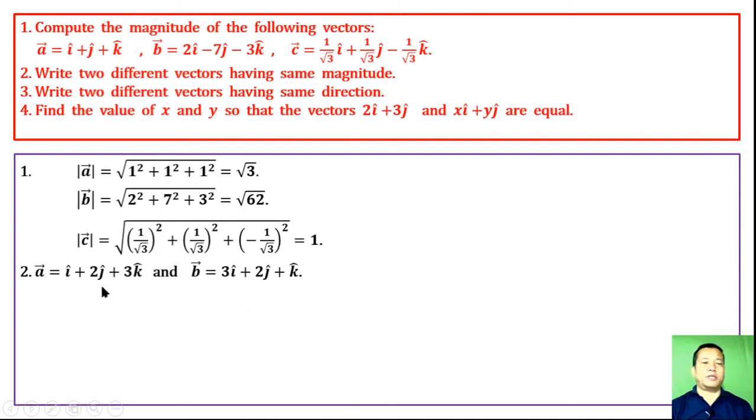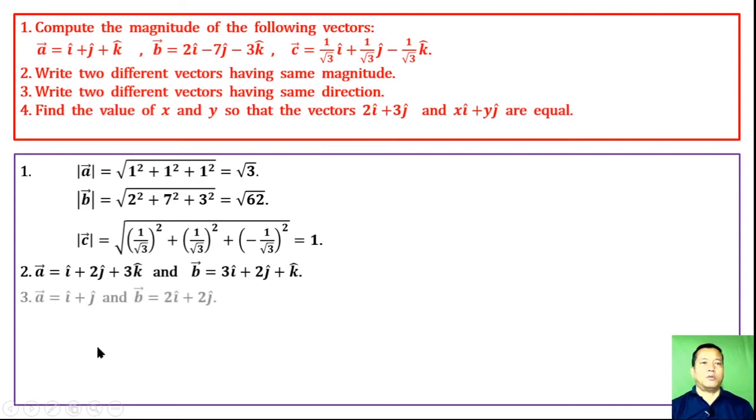The magnitude of a is the square root of 1 square plus 2 square plus 3 square, which is the square root of 14. The magnitude of b is the square root of 3 square plus 2 square plus 1 square, which is also the square root of 14. These vectors have the same magnitude but different directions.